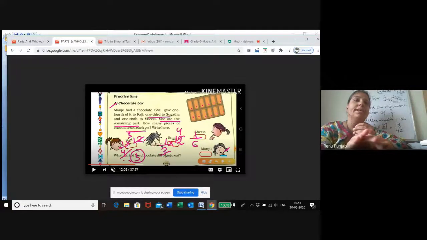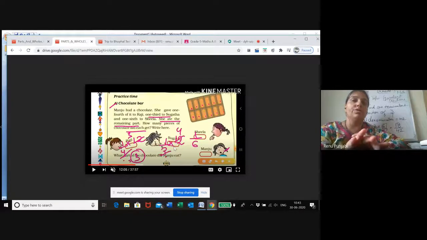After dividing the number by the denominator, whatever number is left will be multiplied with the numerator. 3 into 1 is 3. So how many parts did Manju give to Raji? 3 parts. Now 1/3 to Sugandha.